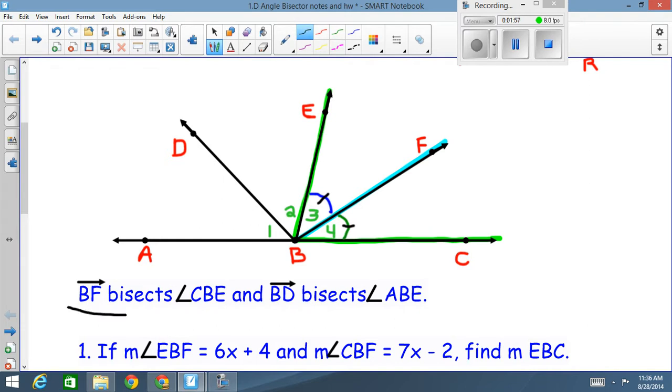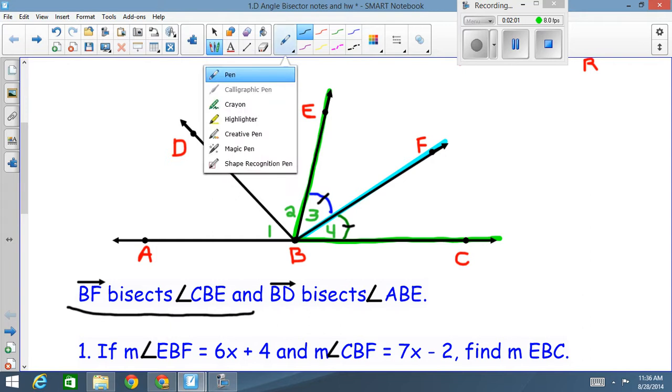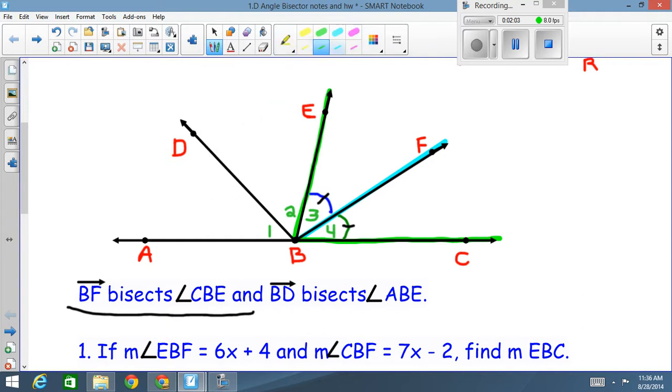That's based on that. We also know that BD here is a bisector for ABE. Start at A, go through B, finish at E is there.